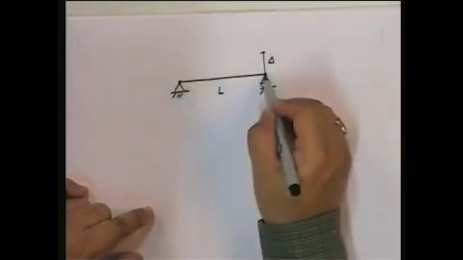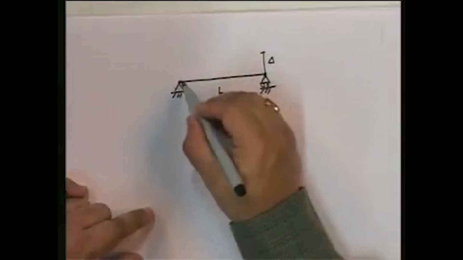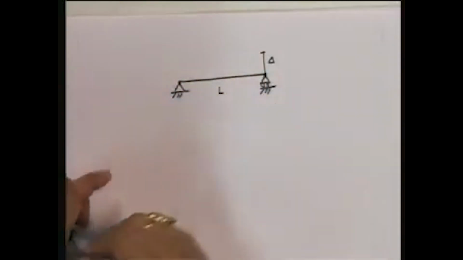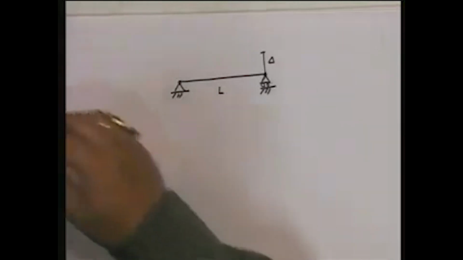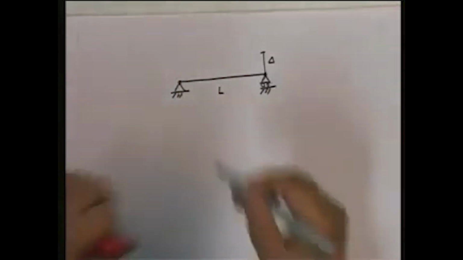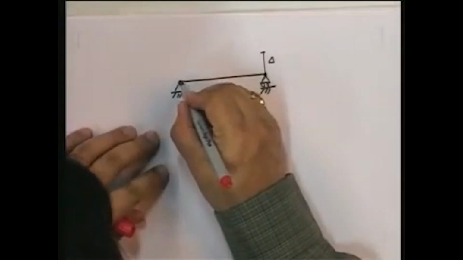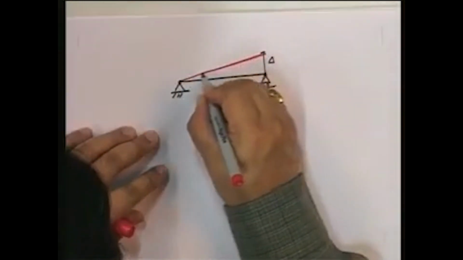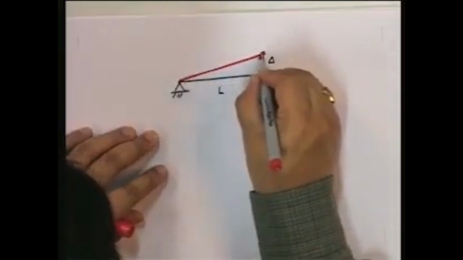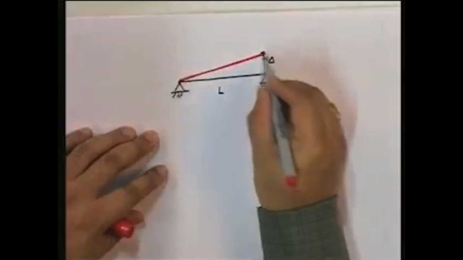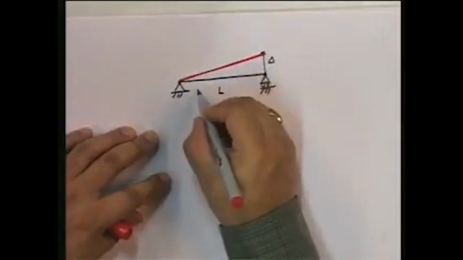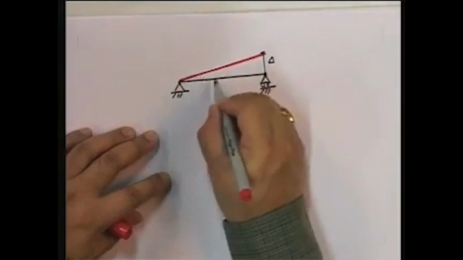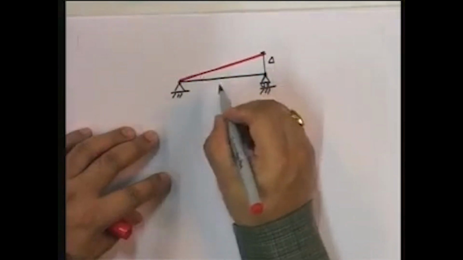Note that this is free to rotate, this is free to rotate. So if you look at the displacement pattern, the displacement pattern for a simply supported beam would just be this. It will be a straight line, where this angle would be delta upon L.